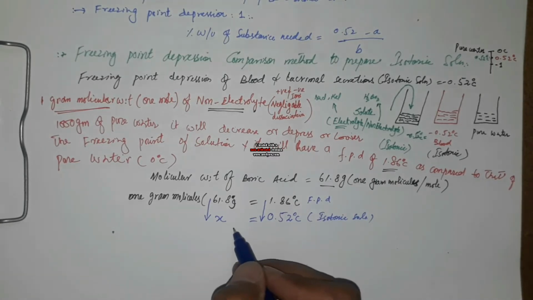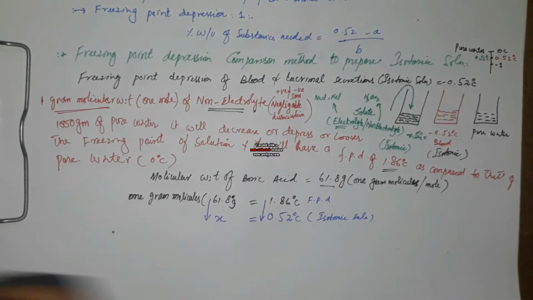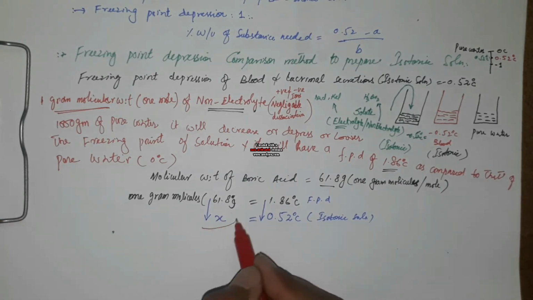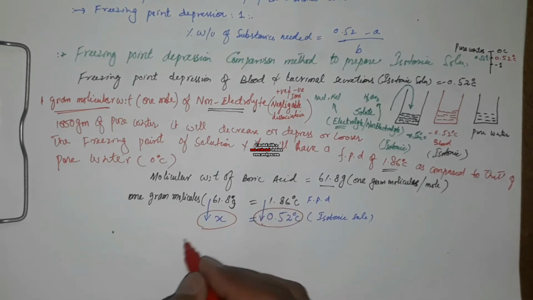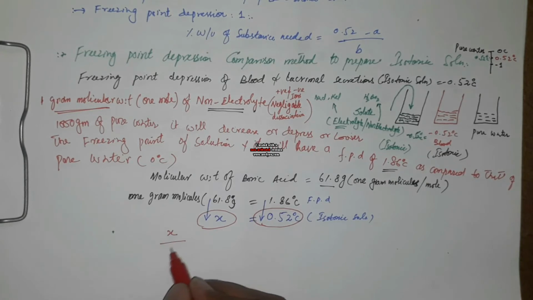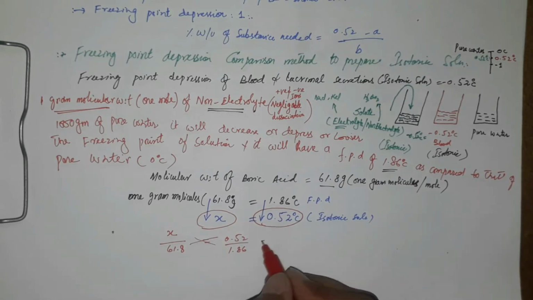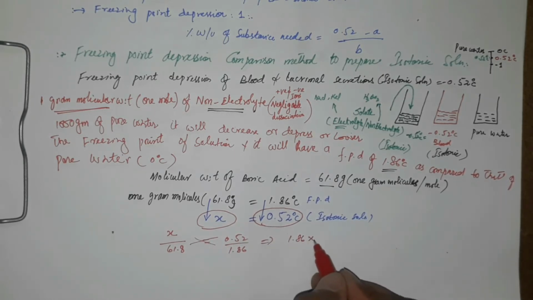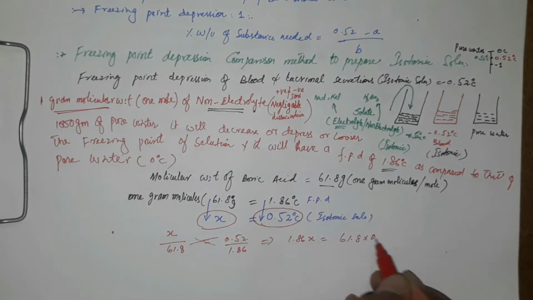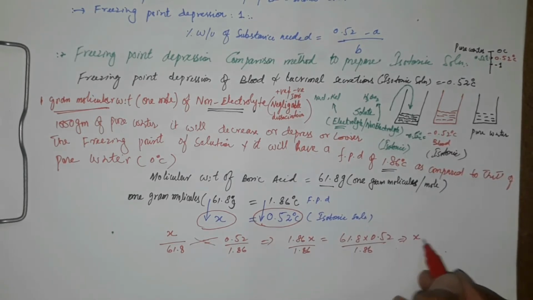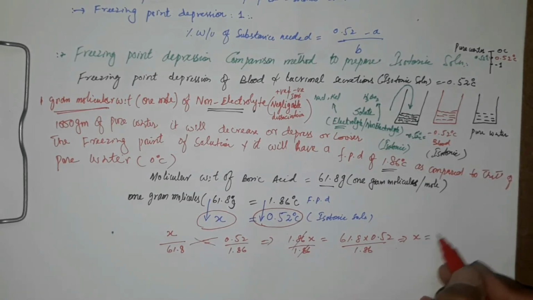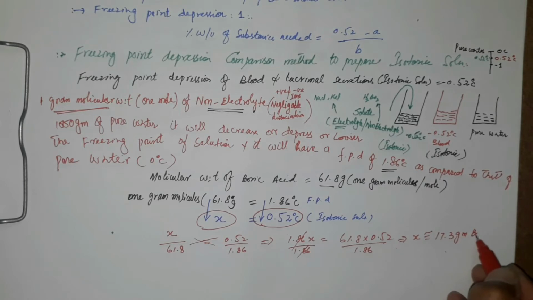So we will write it in this way according to the rules. X divided by 61.8 is equal to 0.52 divided by 1.86. By cross multiplication, 1.86x is equal to 61.8 multiplied by 0.52. Dividing both sides by 1.86, we find that x will be equal to 17.3 grams of boric acid.